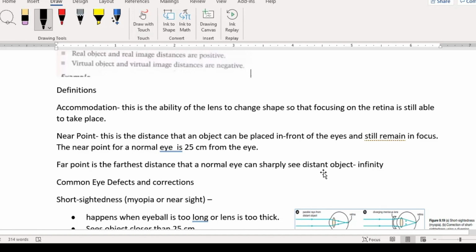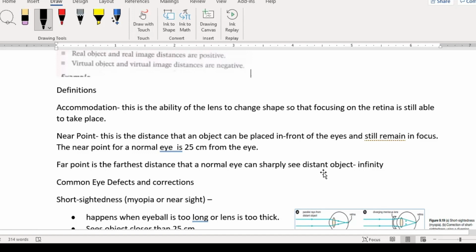So generally speaking, the near point of a normal eye is 25 centimeters. Anything closer than that generally becomes blurry because the eye cannot accommodate. The lens cannot adjust itself any further to allow the image to be properly formed on the retina.